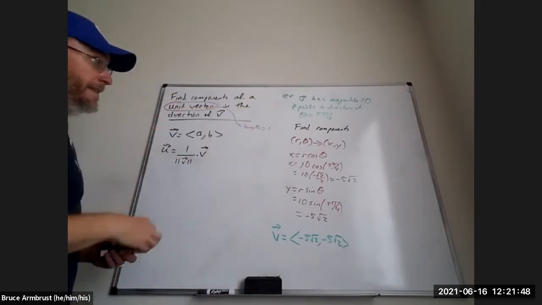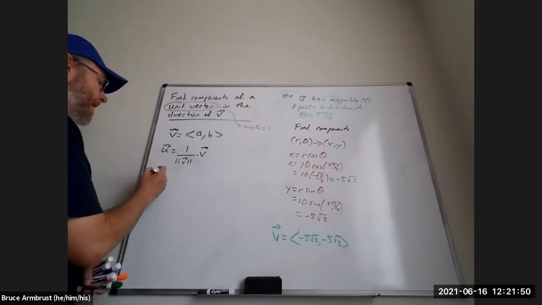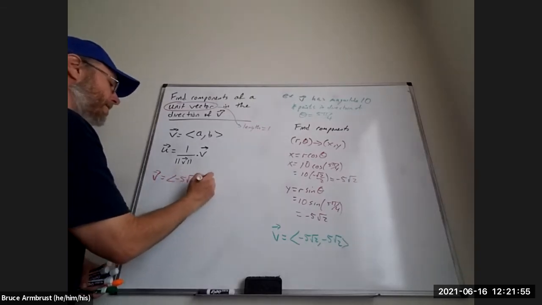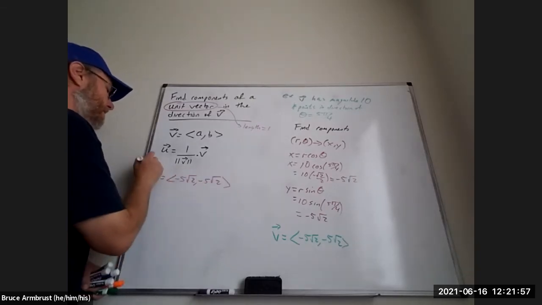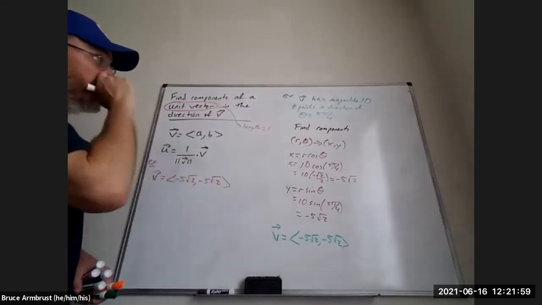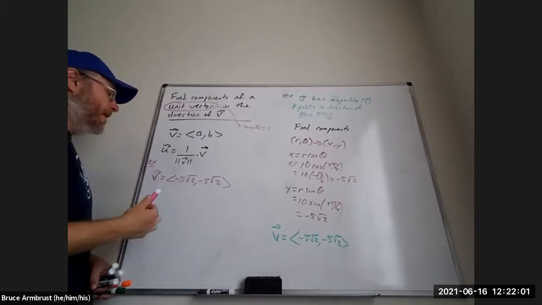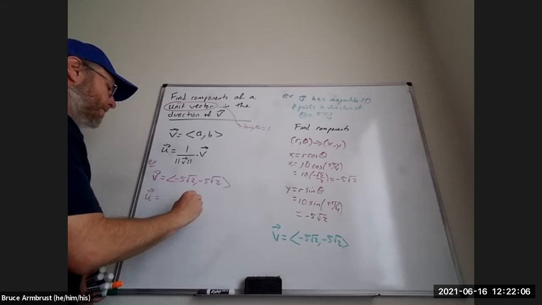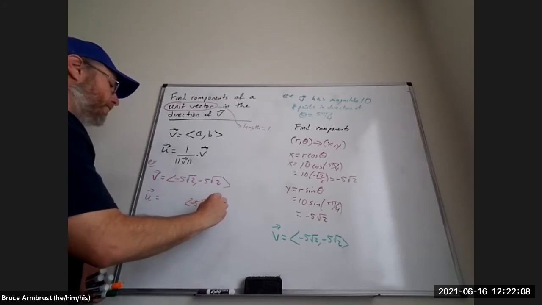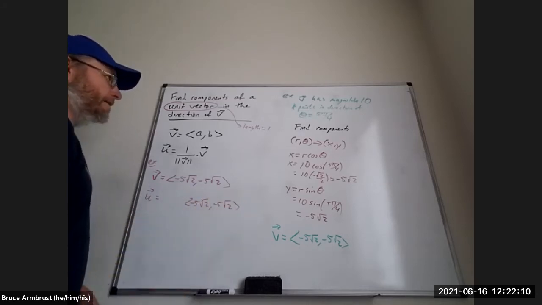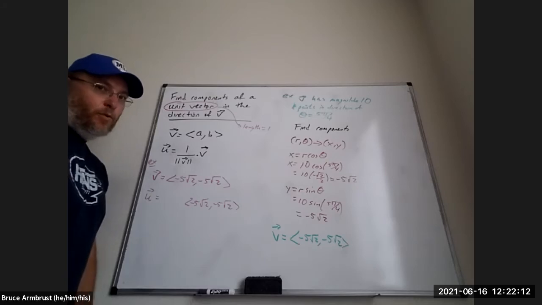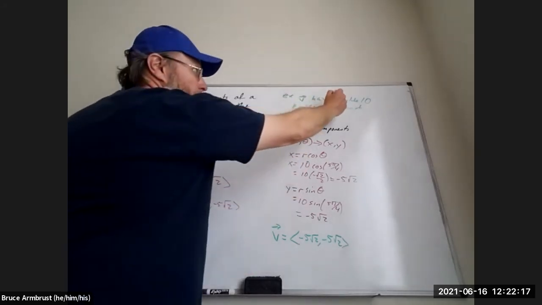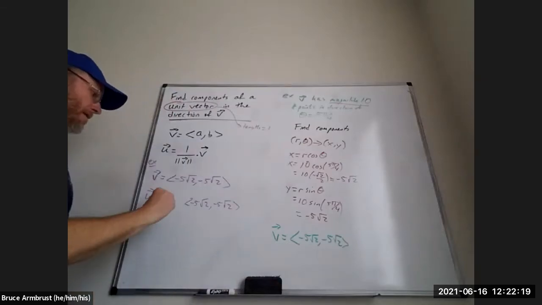So let's take this example over here, where v was minus 5 root 2 comma minus 5 root 2. That was the one that we just found right here. If we want to get the unit vector, we need to multiply this by 1 over the magnitude. Well, we don't actually have to calculate anything because we were told the magnitude was 10.